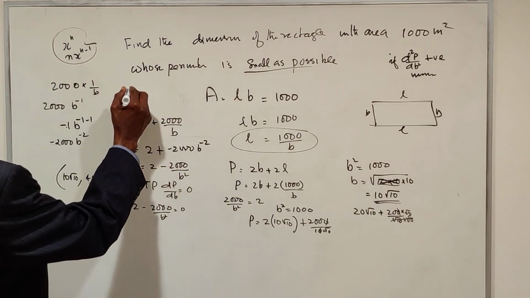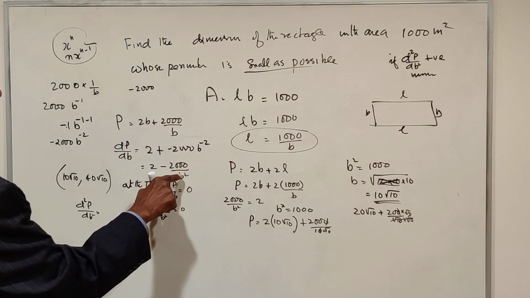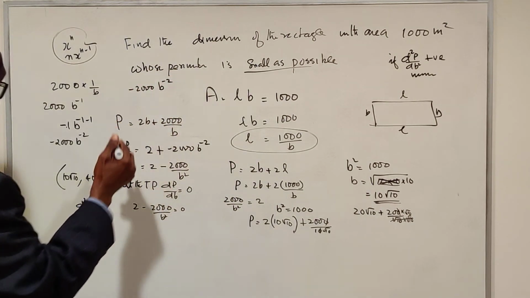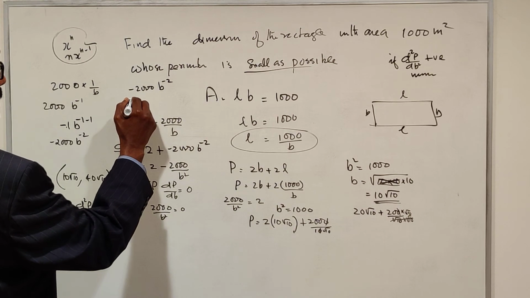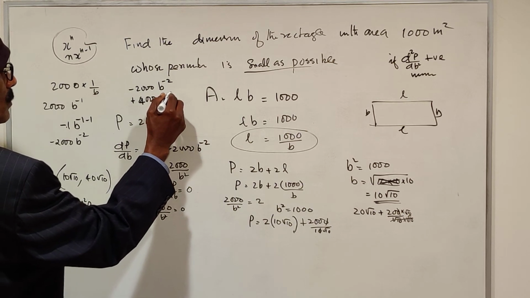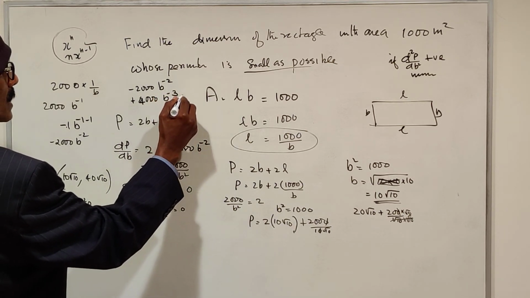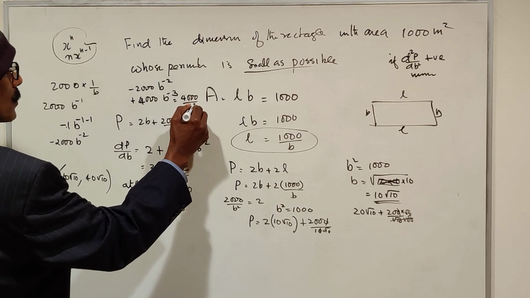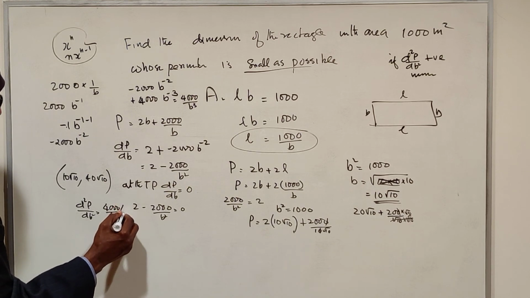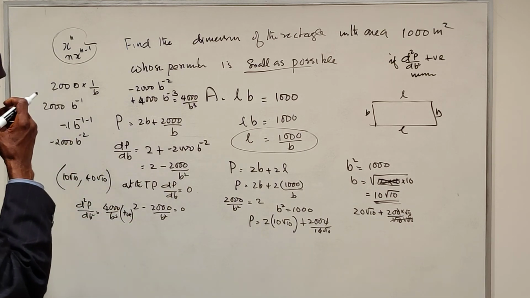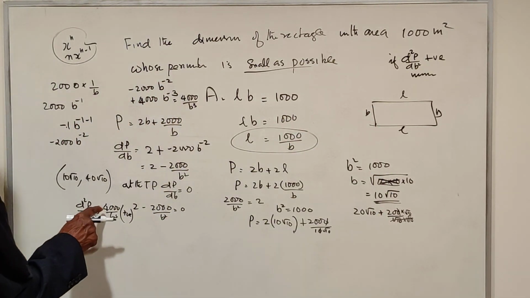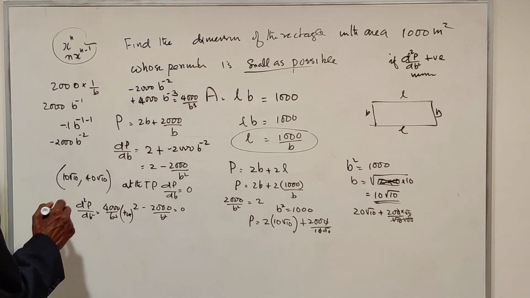The derivative of minus 2000 divided by B square, writing B raised to minus 2, is minus into minus plus, 2 into 2000 is 4000, B raised to minus 3. That is 4000 divided by B cube. We know this is a positive value because 4000 is positive, and B is always positive, B is the length.